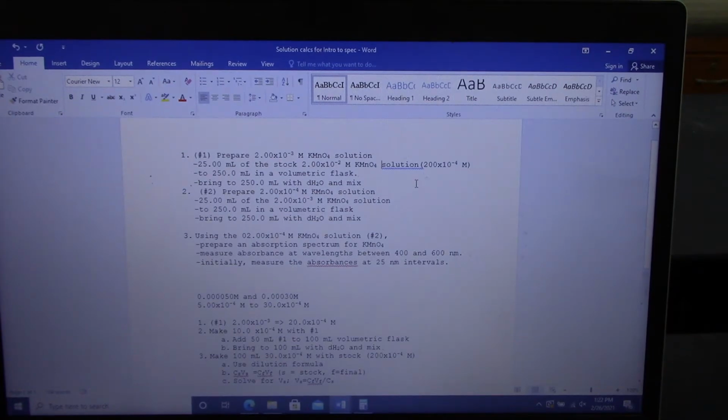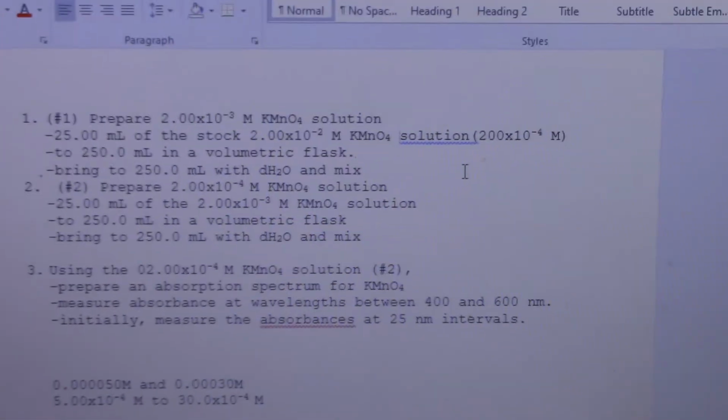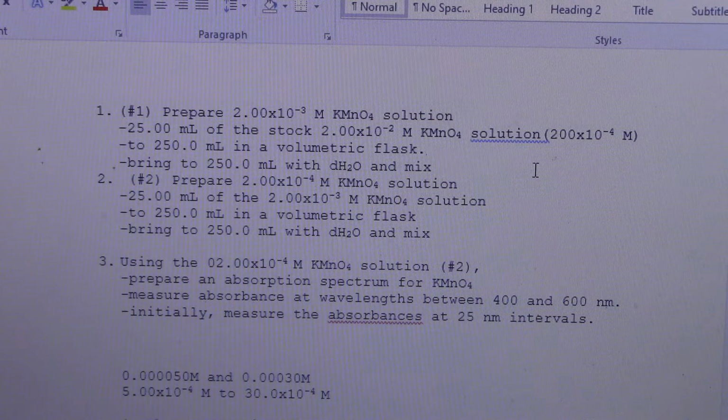So when you read the experiment, let's see if we can get it a little closer here. The first thing it tells us to do is prepare a 0.002 molar potassium permanganate solution. I want to change it to scientific notation, so I'm using all scientific notation here.